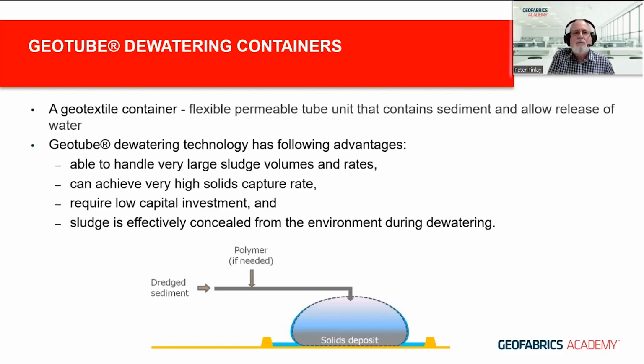And overall, it's a fairly low capital investment. Probably one of the larger investments is not just the tube itself, but the compound where you'll be laying them down. And an important part, especially when you're handling contaminated wastes, is that the sludge is effectively concealed from the environment during the whole dewatering process.